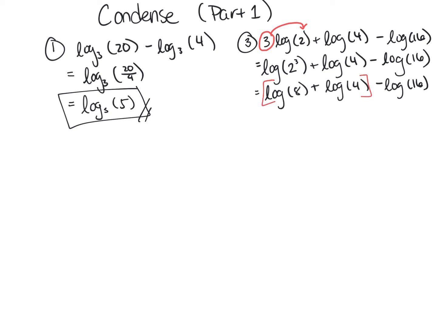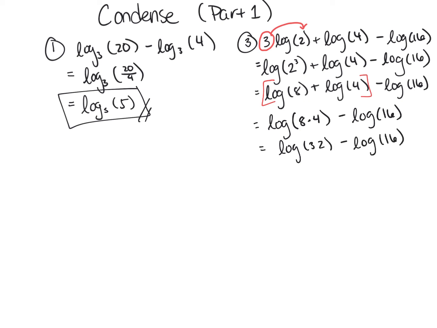So when we have 2 logs of the same base being added to each other, we multiply their insides. So this will become log of 8 times 4 minus log of 16, or log of 32 minus log of 16. And then from here, similar to problem number 1, we have 2 logs of the same base being subtracted from each other.